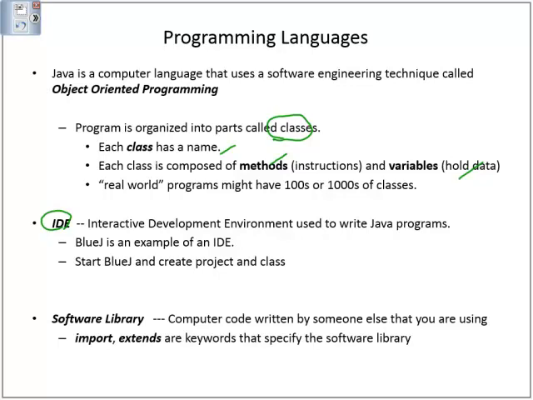And the last thing is that in addition to the Java language, we're going to make use of a lot of software libraries. There are two kinds of software libraries. There are libraries that come with Java. When you download and install the Java development kit, you get a whole bunch of libraries that let you do a lot of things like graphics, reading and writing to the internet, and reading and writing to disk files on the hard disk.